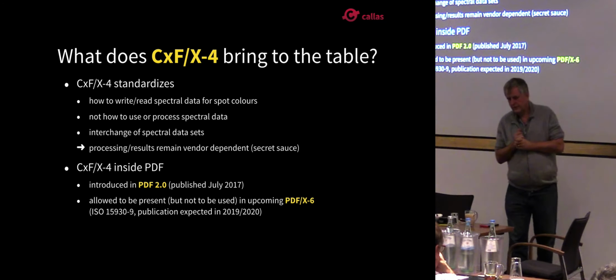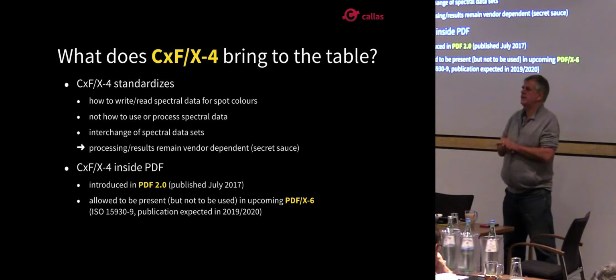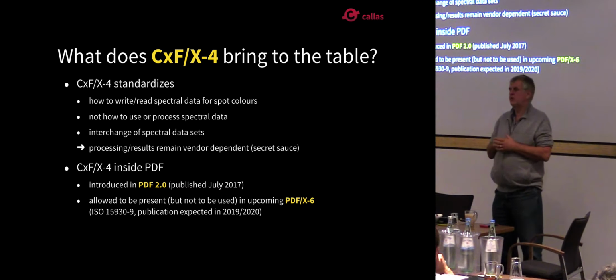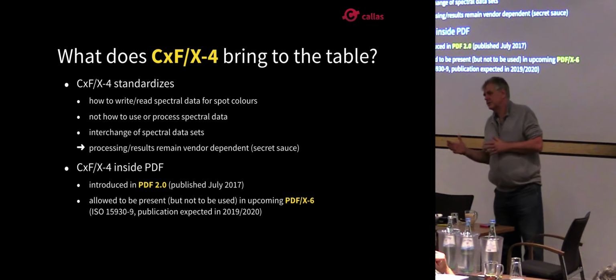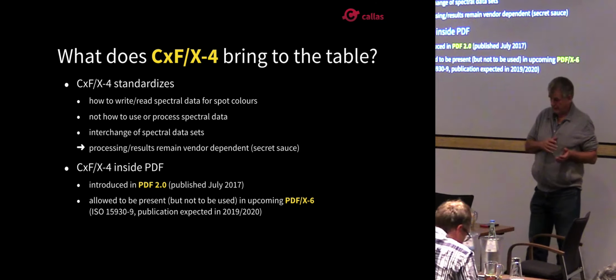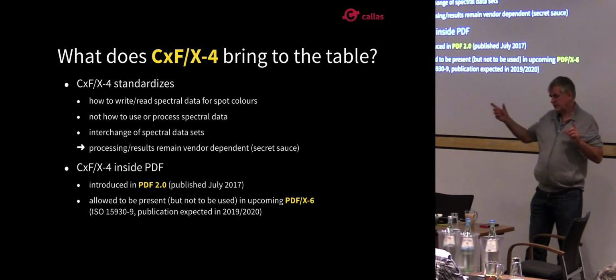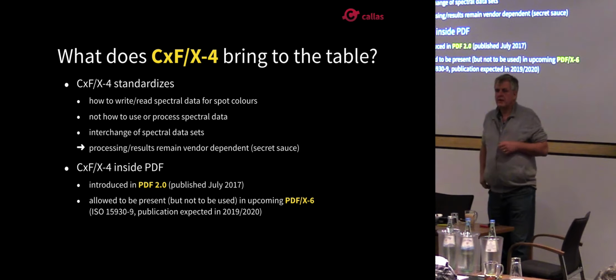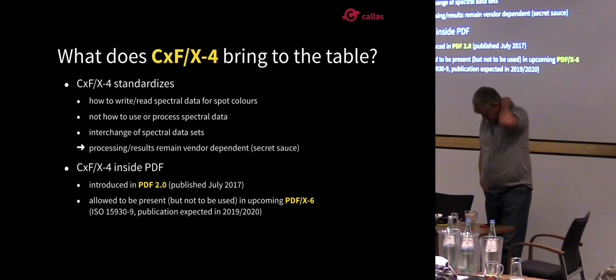Using spectral information about the inks, it at least looks like you can predict more reliably what the effect is than by just doing the usual math, which takes the process color spaces like CMYK for the alternate space for the spot color and the CMYK for all the other inks, and then just combine them into a mixed value.